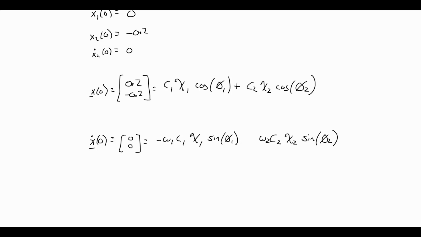Remember, chi1 and chi2 are vectors. All right, so these 4 algebraic equations must be simultaneously true. So we have to find the C1, C2, phi1, and phi2 that make these 4 equations true.